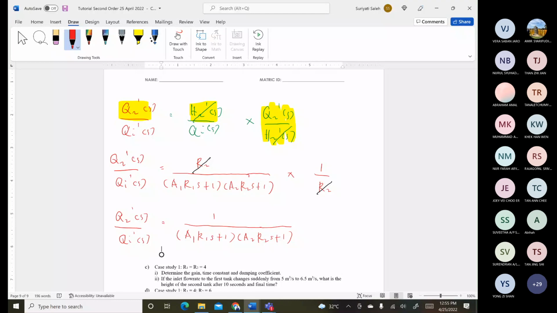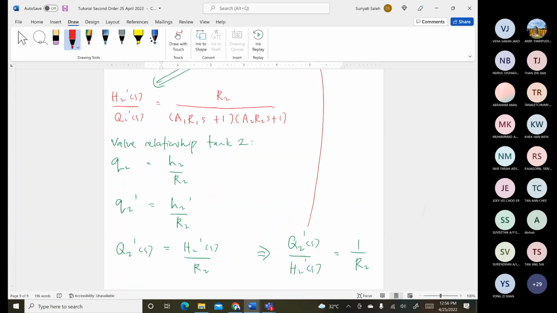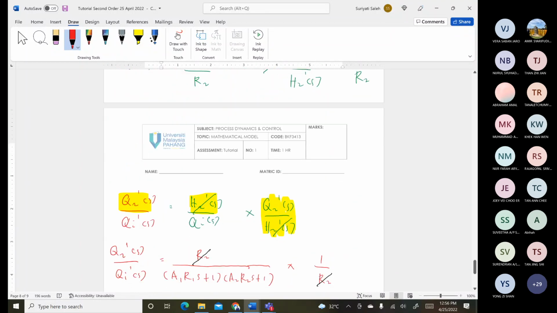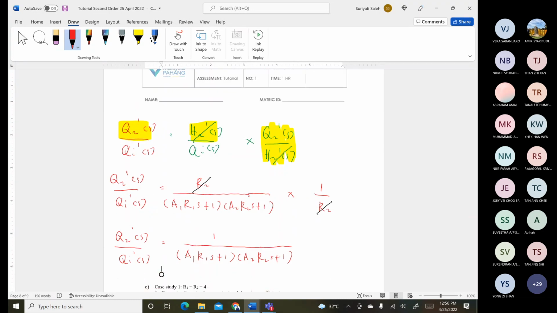Now, based on this, the difference is that this one is the Q2 prime over Qi, the overall. Before this, we obtained only H2 over Qi, only up to the height of the second tank. Lastly, we obtain the Q2 over Qi, which includes the valve, the outlet flow rate of tank number 2.